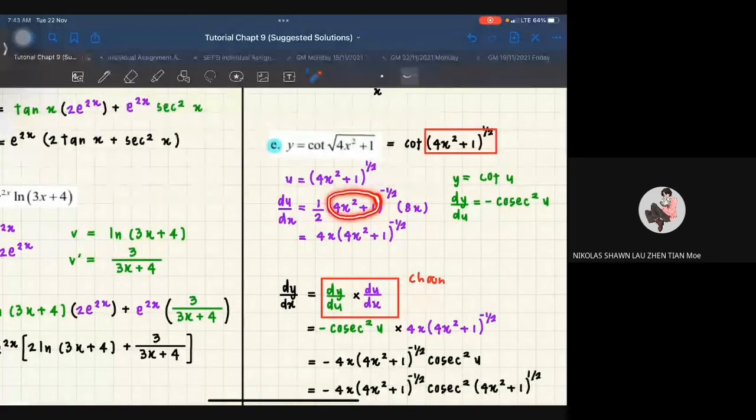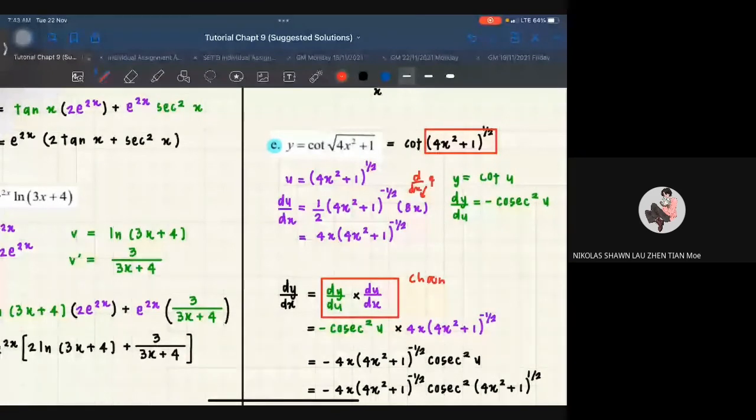So bila differentiatekan, saya akan dapat 8x sahaja sebab plus 1 tu dah jadi 0. So differentiate constant akan dapat 0 kan. Okay, that's why lah saya dapat 8x. Okay, so let me write a note over here. So this is d/dx of 4x² plus 1. You nampak ke? Okay, so it's a derivative of 4x² plus 1.